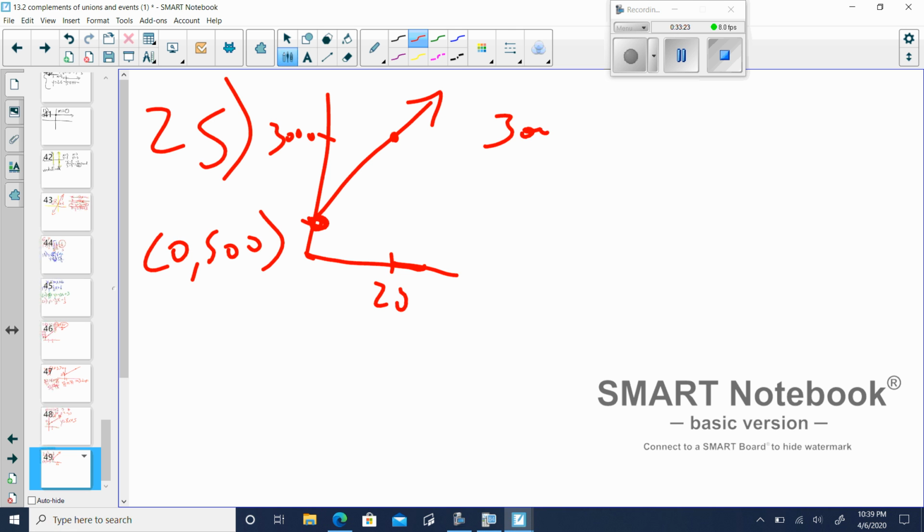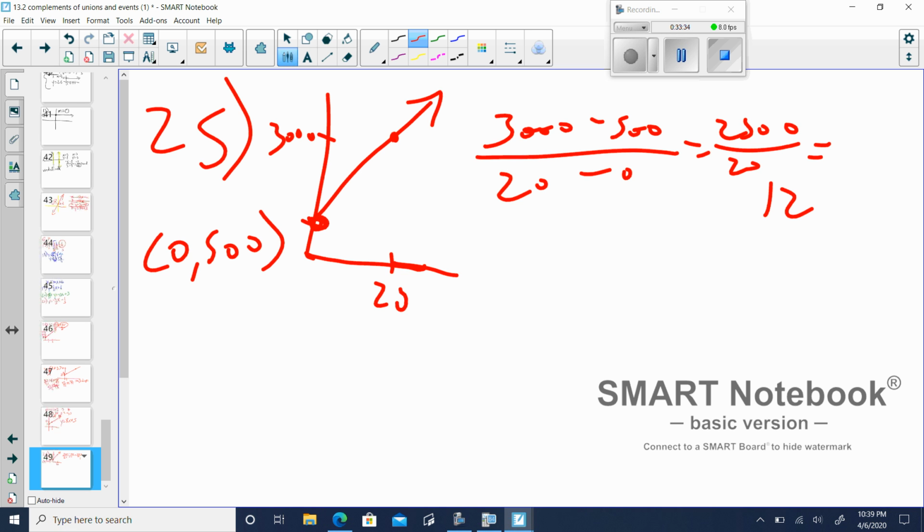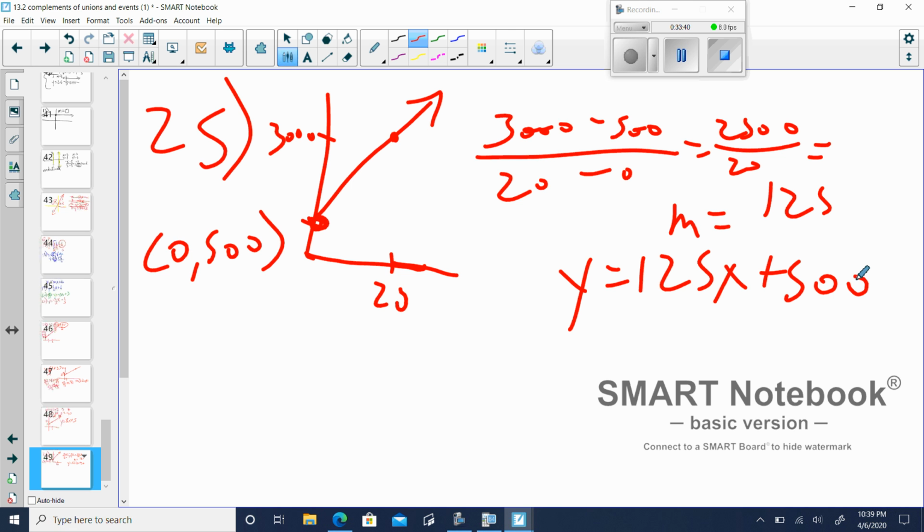So if we did y2 minus y1 all over x2 minus x1, we get 2,500 over 20, which would give us a slope of 125. So y is 125x plus 500. So which could be true?